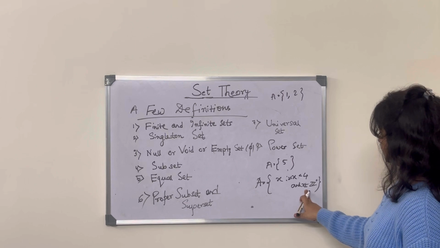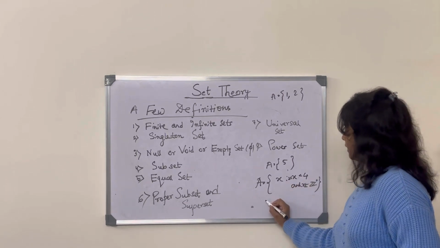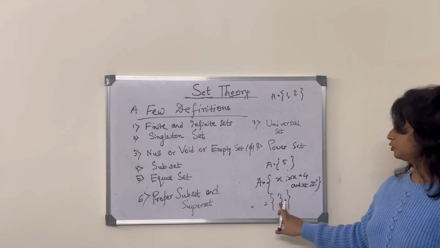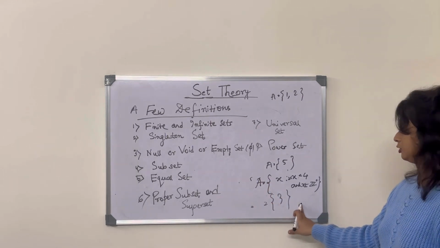Only one element is there, that is 3. So this is an example of a singleton set.